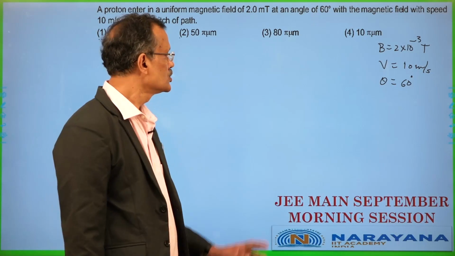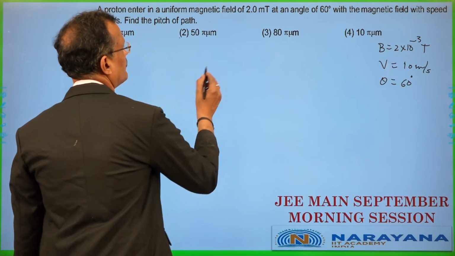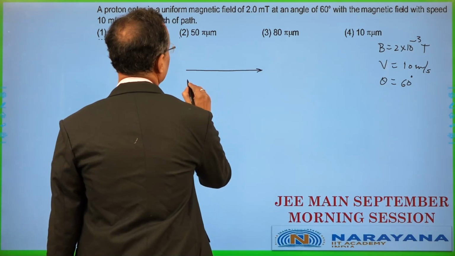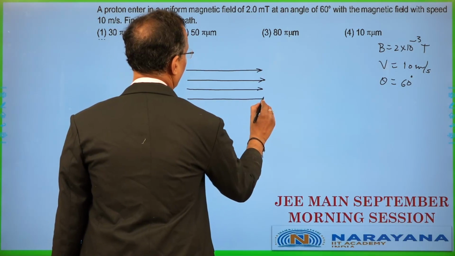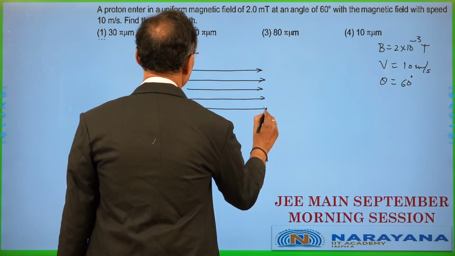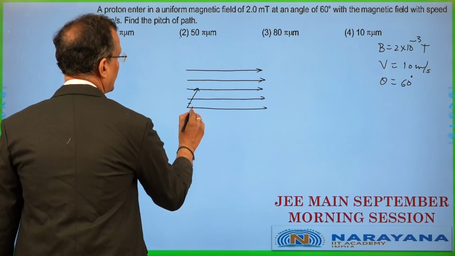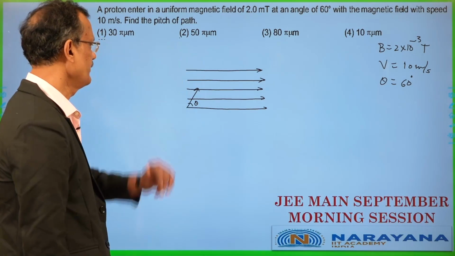Okay? So what will happen? They have told you 60 degree. So I am taking the magnetic field like this. Clear? And the charged particle is entering here at an angle theta with velocity v.